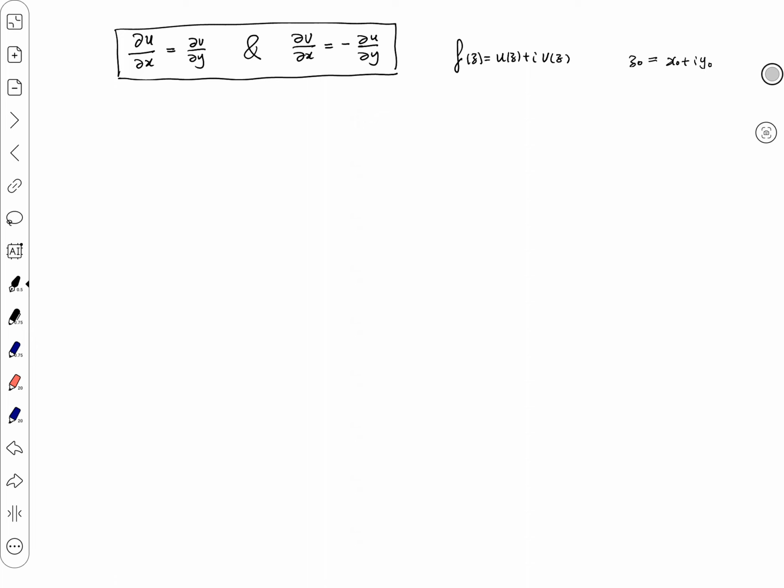Which means these have to hold for that point. So let's abstract this condition. This is called the Cauchy-Riemann equation.